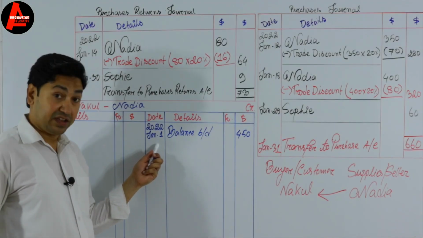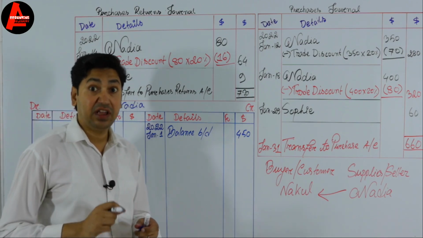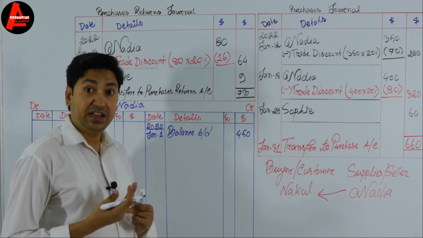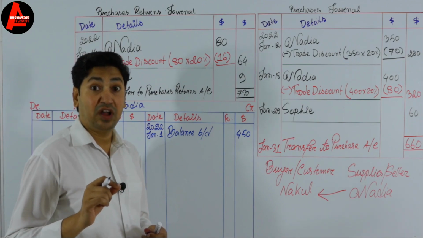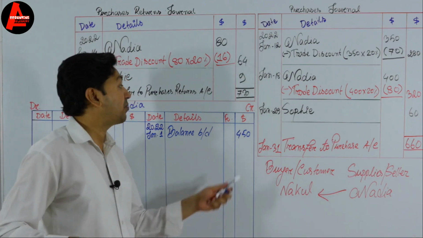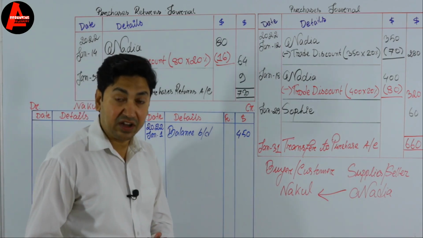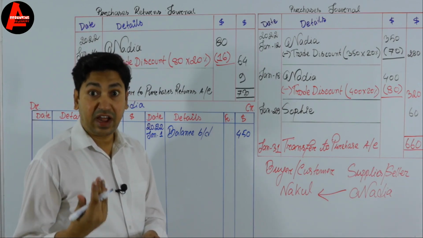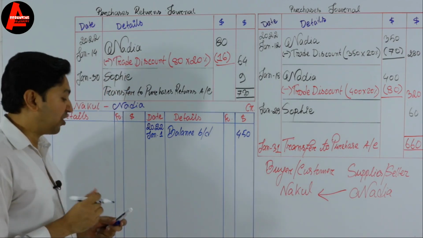This amount was the opening balance, but on 2nd January it is completely paid. The check amount is $441, in full settlement of $450. 450 minus 441 is $9. So where is the $9? Let us write 441 first.